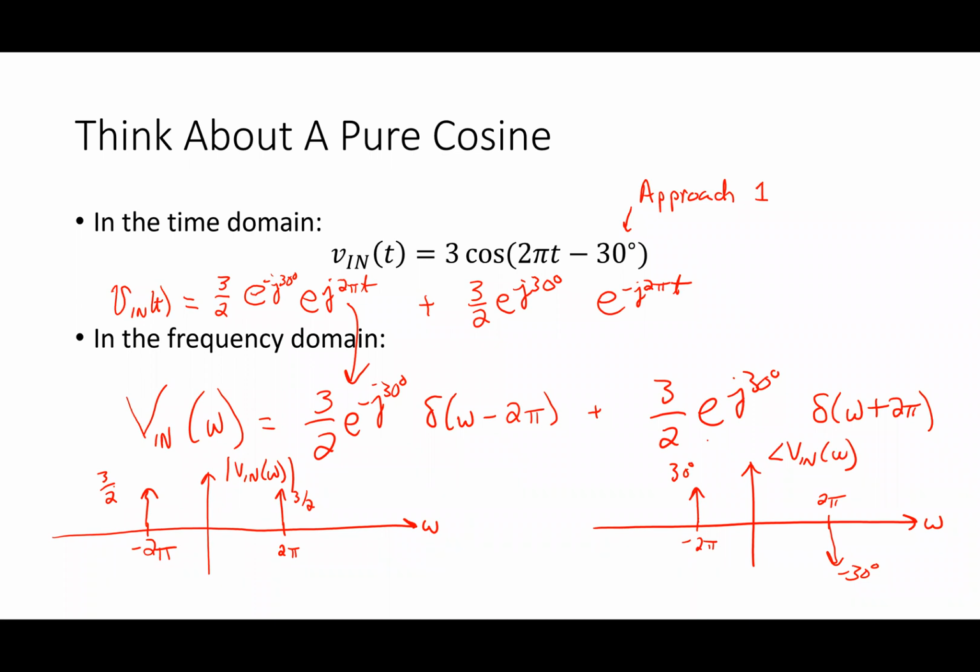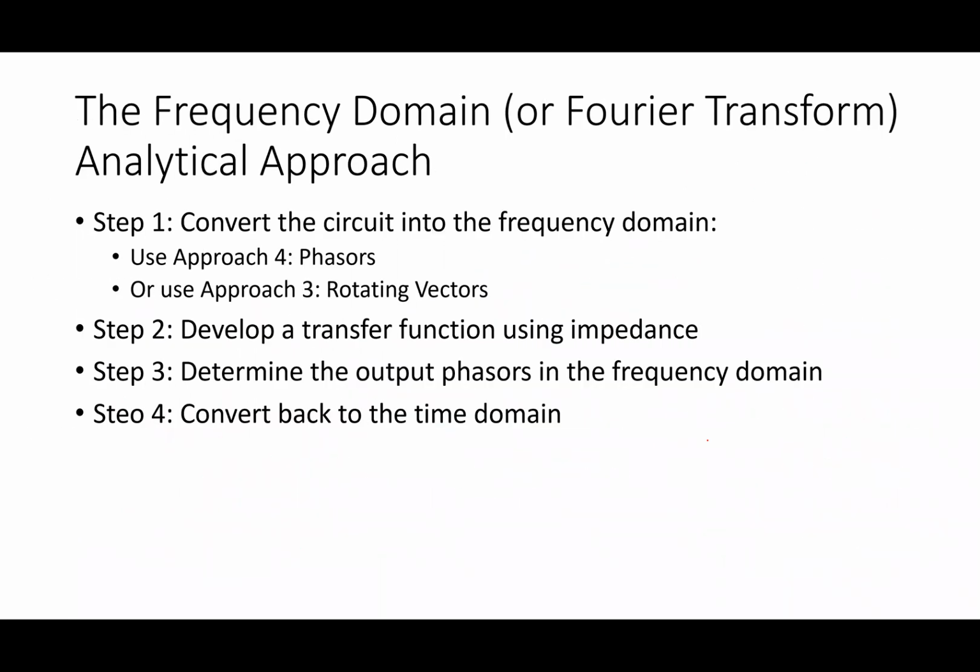Now, what you've been doing when you did impedance is you basically were using this idea. And so the frequency domain approach, the impedance analysis approach, has been using the Fourier transform. When I look at this, what you've been doing all along is you converted the circuit into the frequency domain.